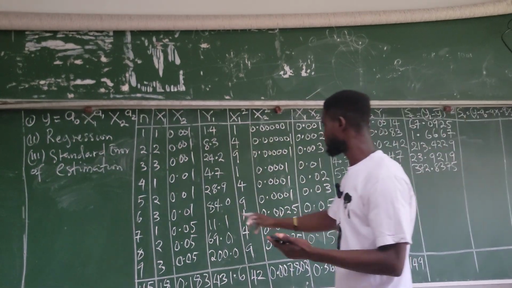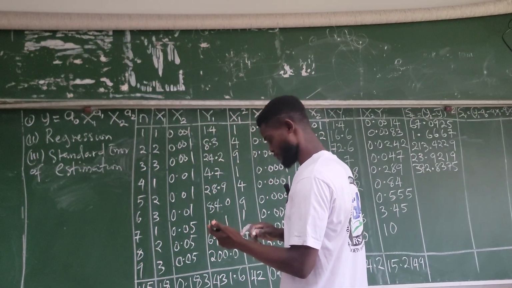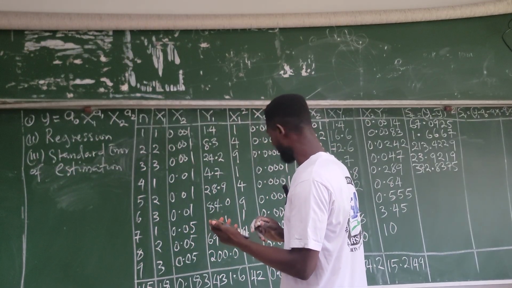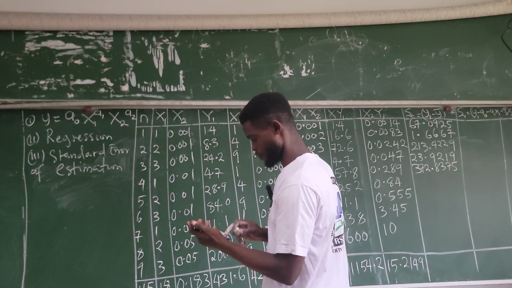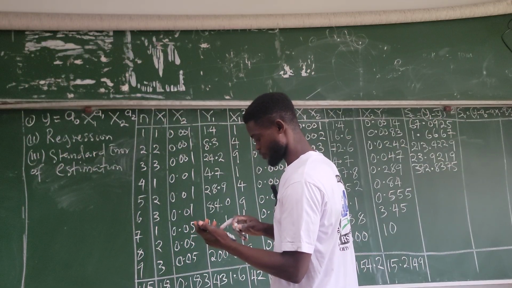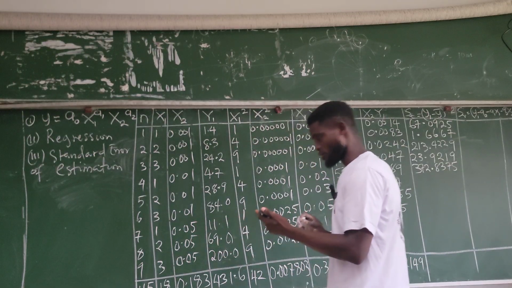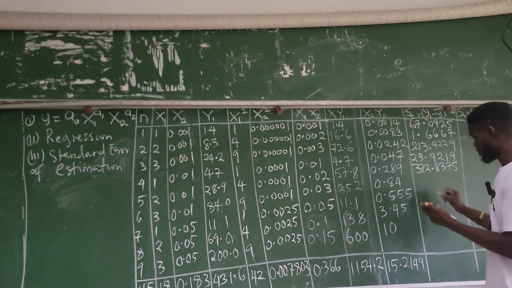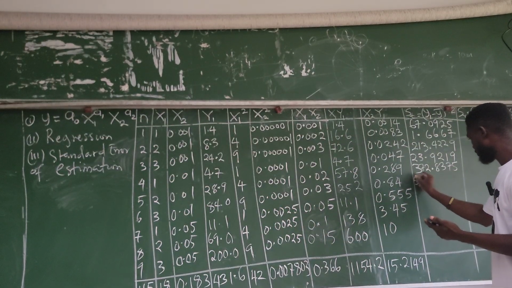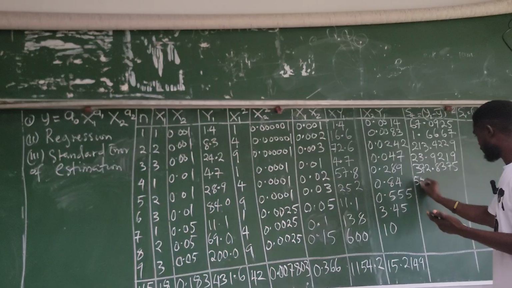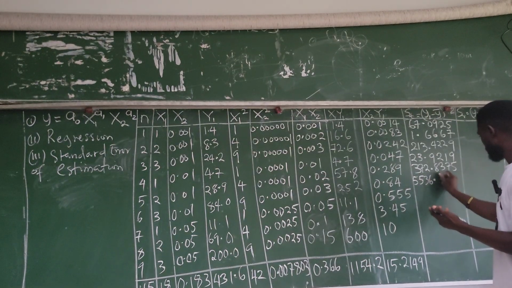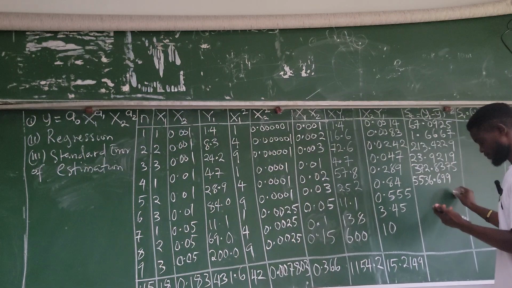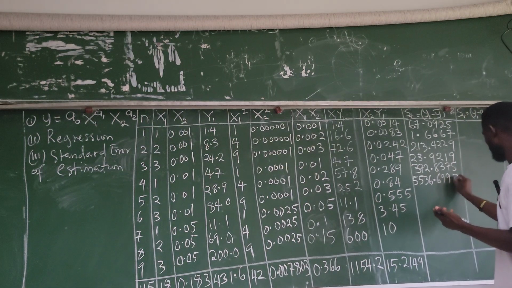So we also have the same thing. 84.0 minus 9.591. You square it, you have 5,536.6993.